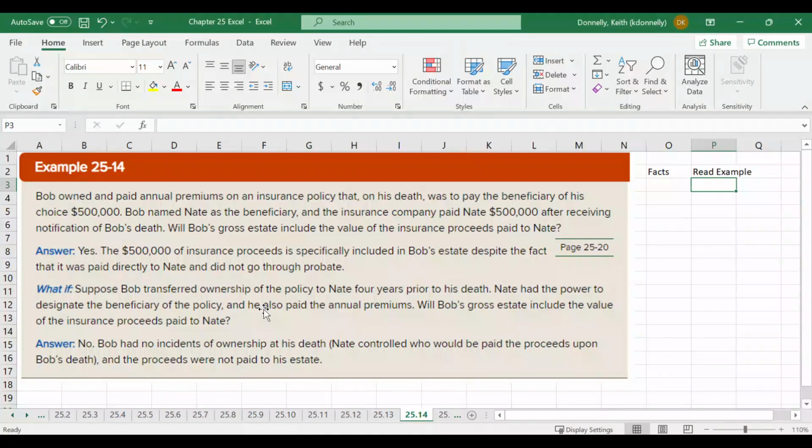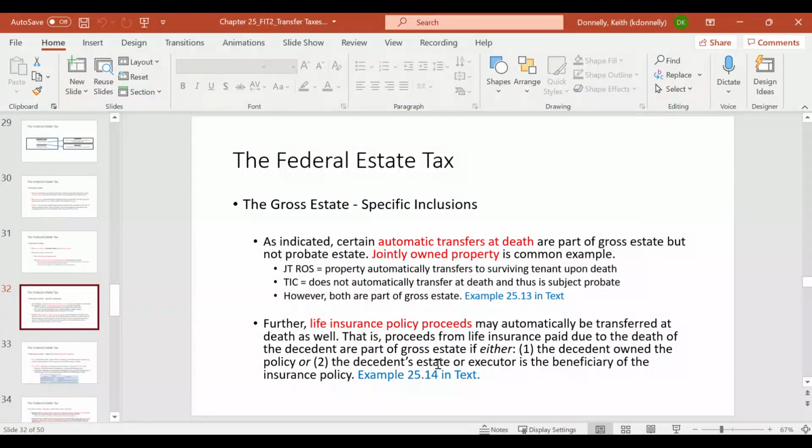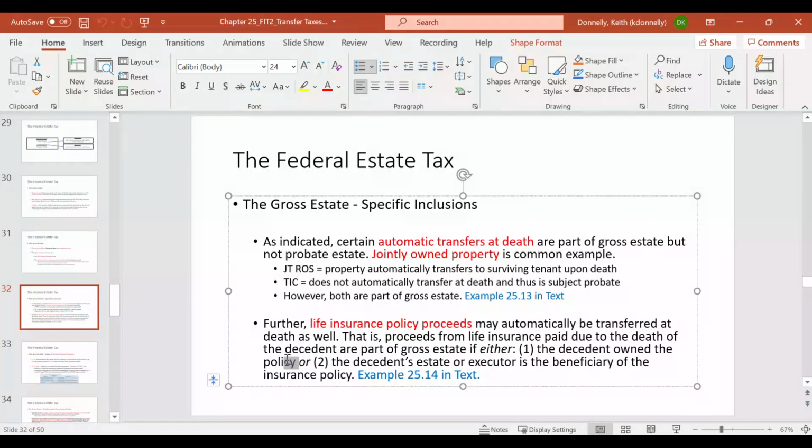No, in this case, the father had no ownership interest at his death, and the proceeds weren't paid to his estate. So basically, with traditional life insurance policies, you pay a premium each month and you name a beneficiary. At your death, the cash under the policy automatically transfers to that beneficiary. That will be part of your gross estate.